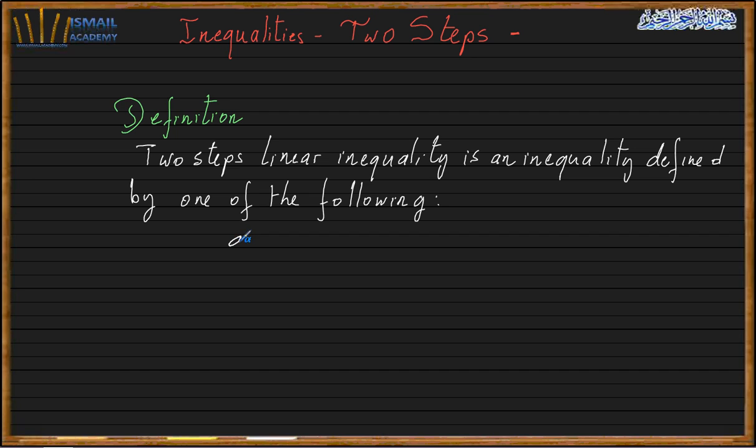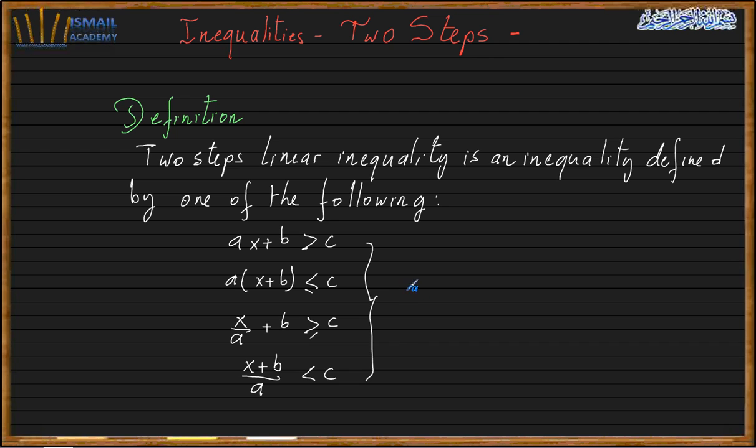Either we have ax plus b is greater than c, or ax plus b is less than c or equal to c, or you have x over a plus b is greater than or equal to c, or x plus b over a is less than c. So those are all two-step linear inequalities.